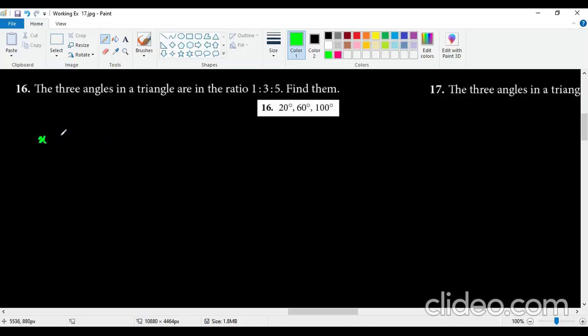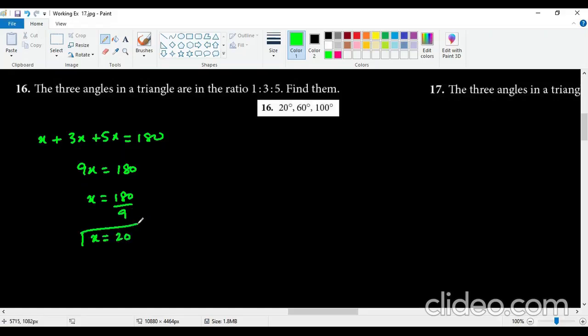First is the value of x, then it is a ratio of 3x, that means 3 times, and another is 5x, and the sum of them is going to equal 180. And here it's going to be 9x equals 180. That means x is equal to 180 divided by 9. That means x is equal to 20.